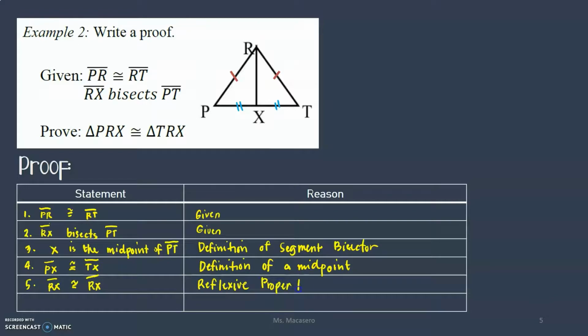So again, going back to our statements, we have established congruence of one side, another side, and another side. So we have established congruence of 3 sides. So now we can already say as a conclusion, triangle PRX is congruent to triangle TRX.